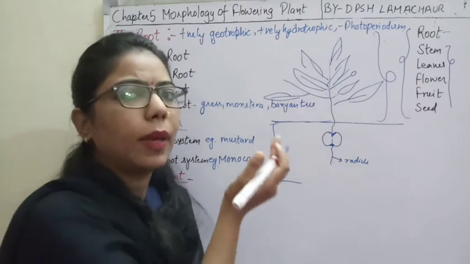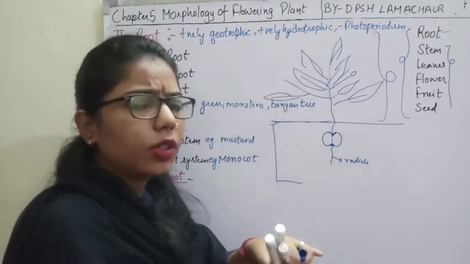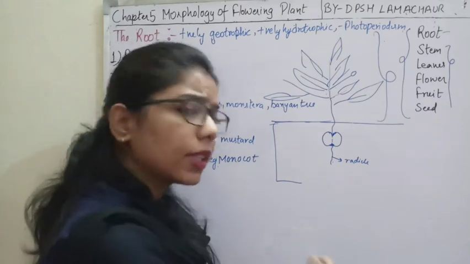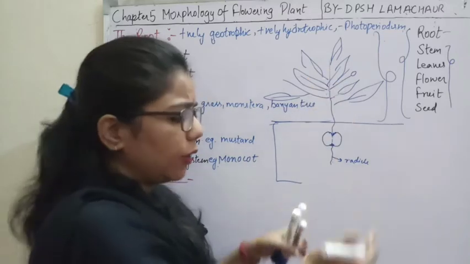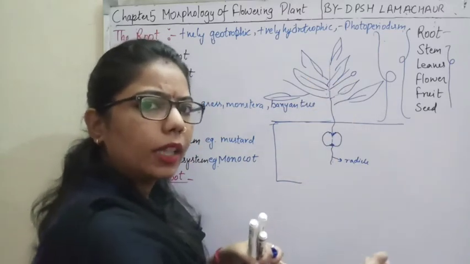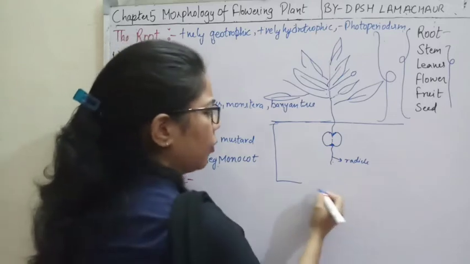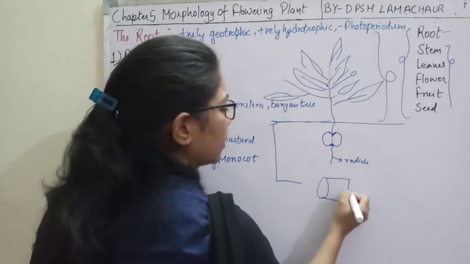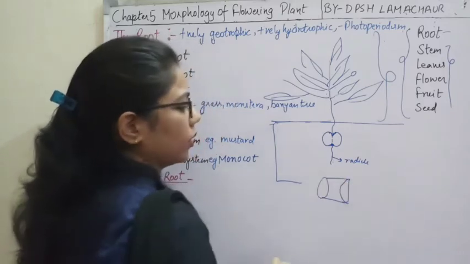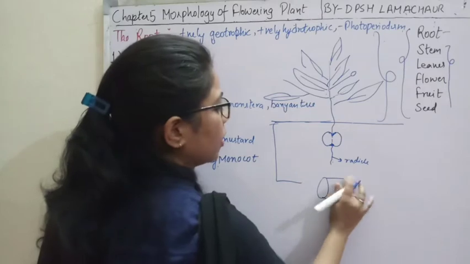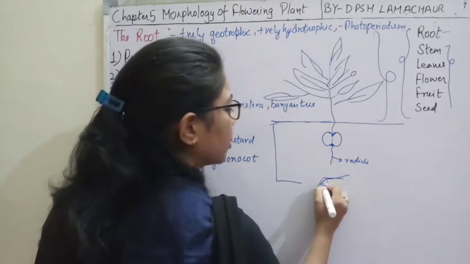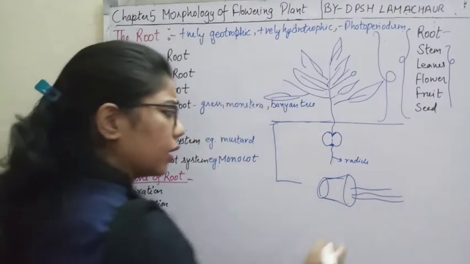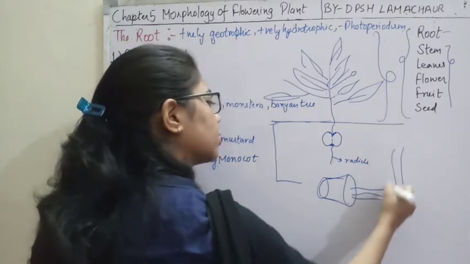There is one experiment. If you invert the pot in which the plant is growing, or keep it in a slanting position, the stem will still try to move upward. For example, if I take a pot and invert it, the plant growing from here will again try to move upwards.